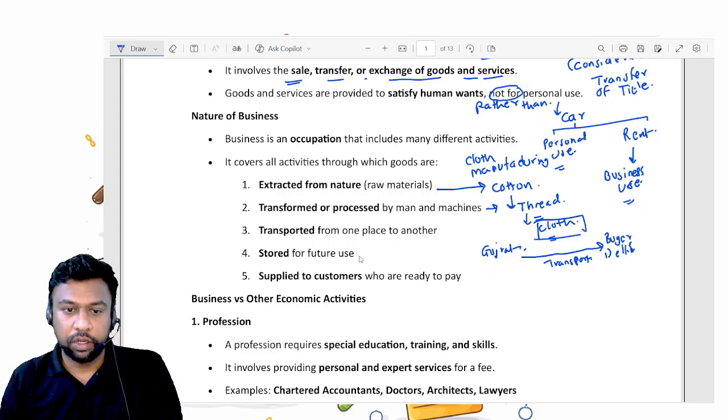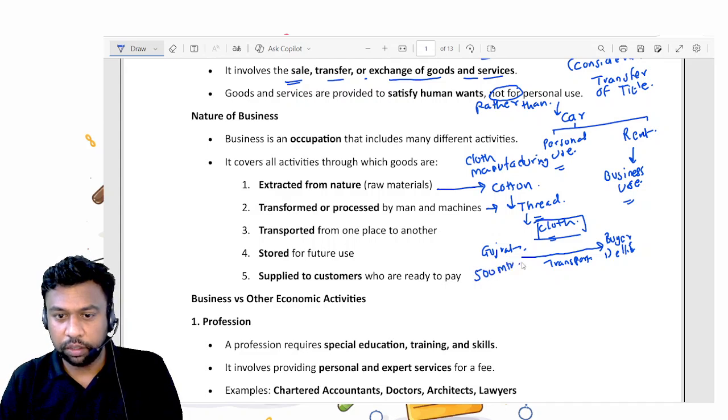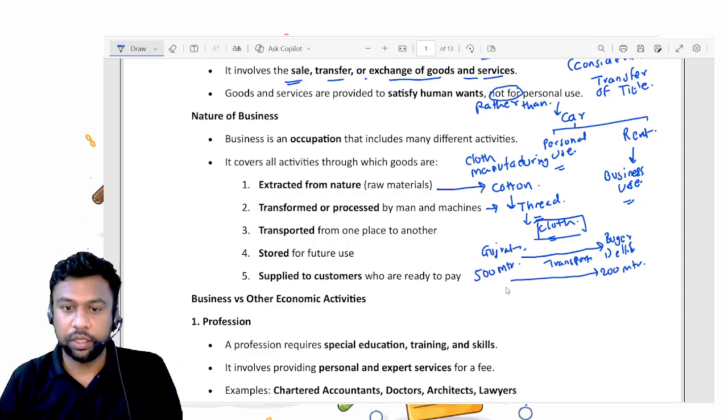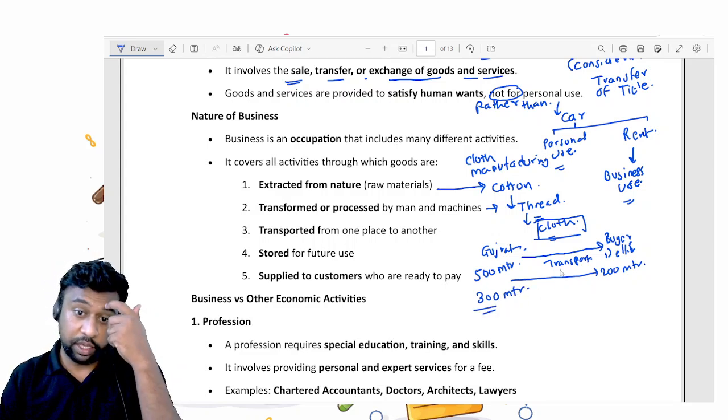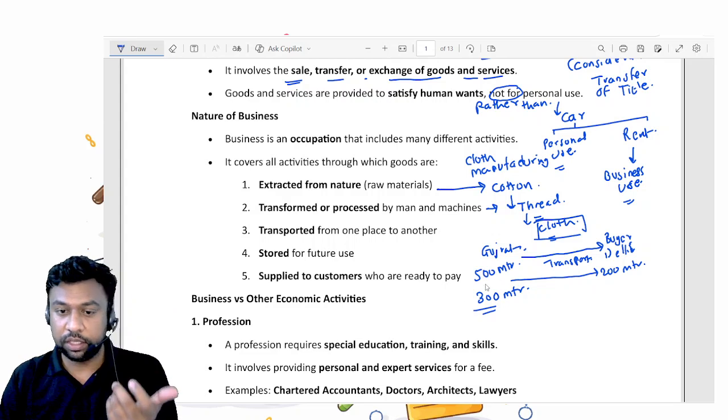Fine. Stored for future use. Now I have produced 500 meters of cloth, out of which this buyer has purchased 200 meters. So 300 meters is still with me. Till I get the second buyer, I have to store this particular stock that is with me.